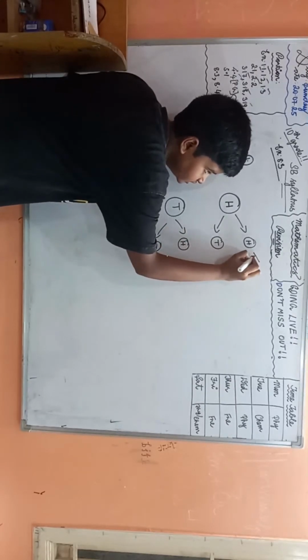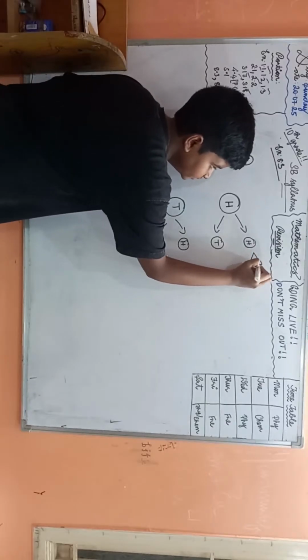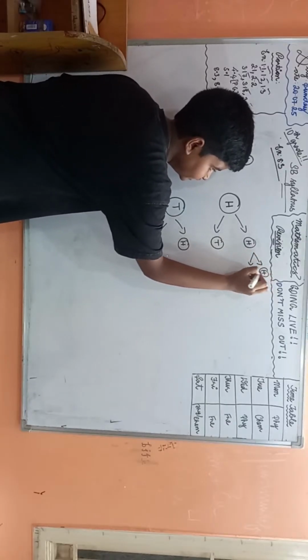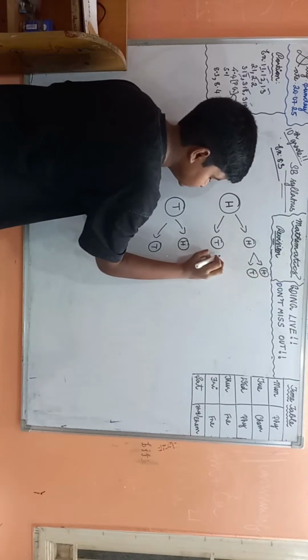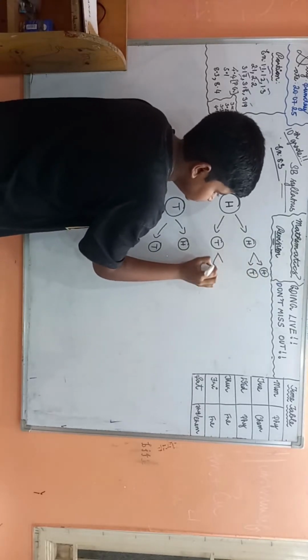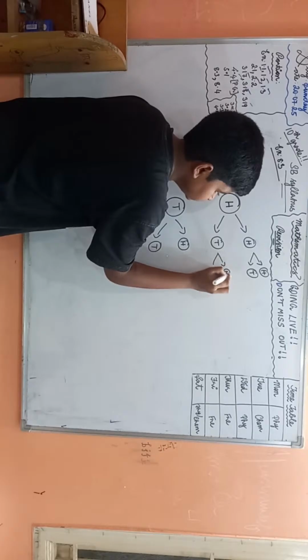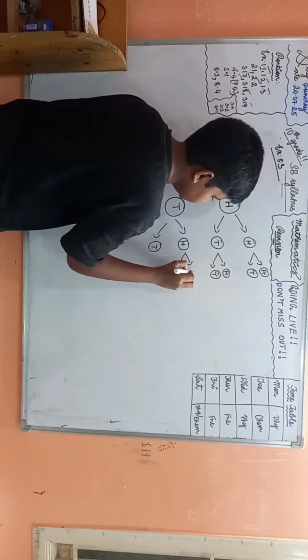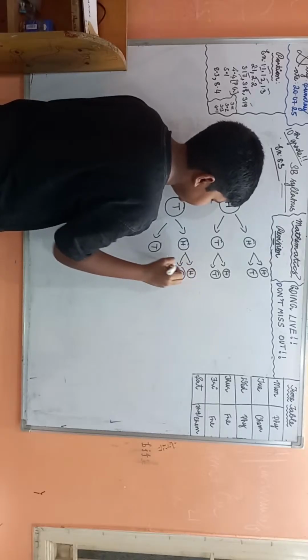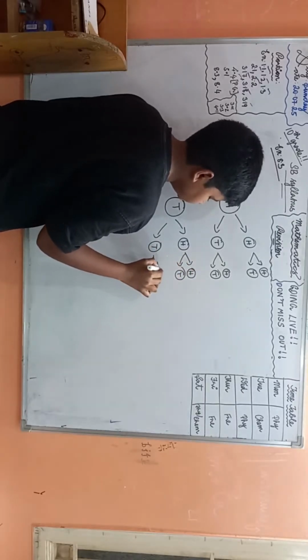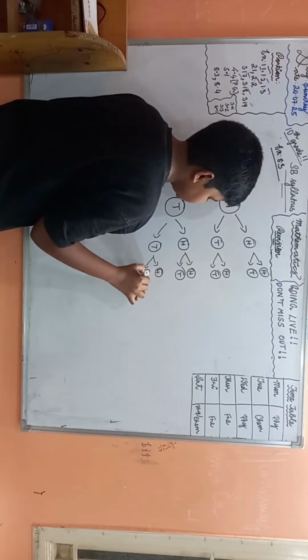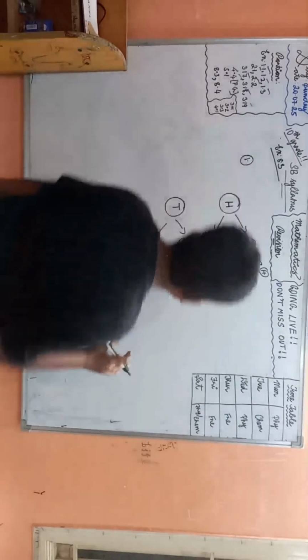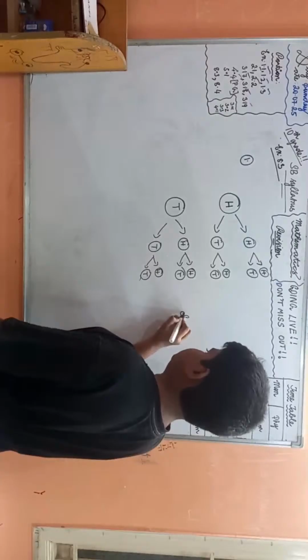If you throw this coin again, you will get a head, another head and another tail. So H T, H T, H T. So this is the sample space for coin.